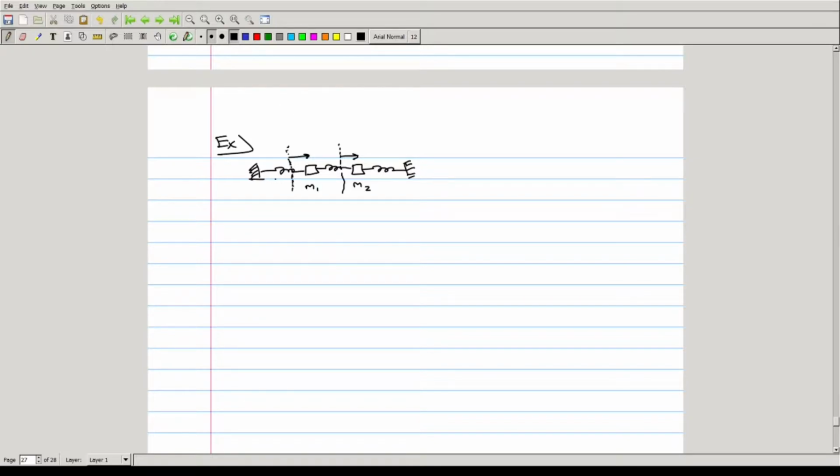And we'll also assume that the springs have spring constants K1, K2, and K3. So we'll assume 3 linear, that's called Hookean springs, 2 masses, and no friction.